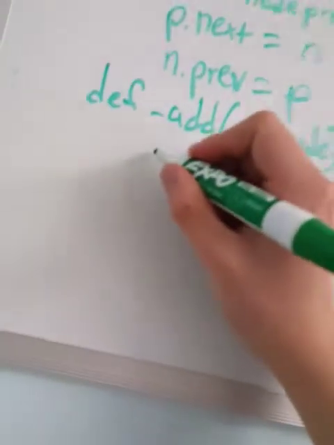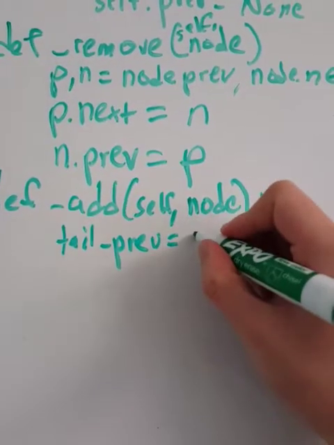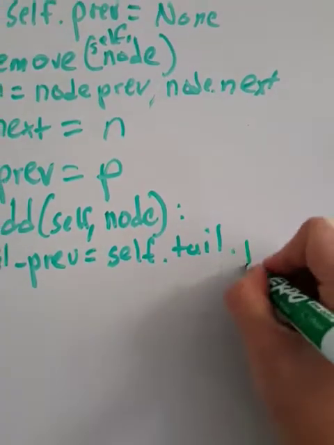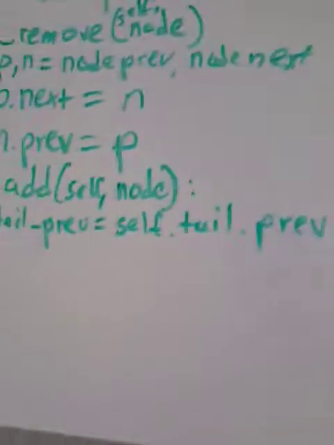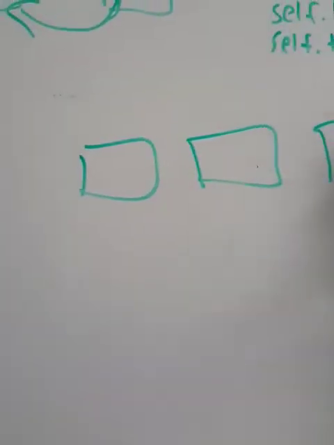So when we're adding from the tail, let's say tail prev is equal to self.tail.prev. Let's get another example.